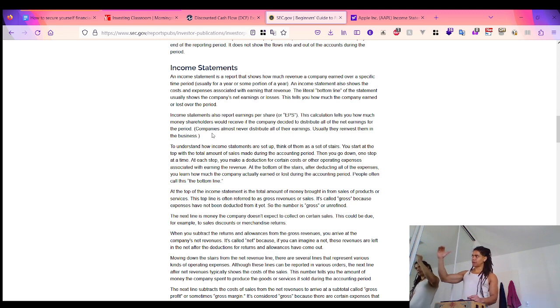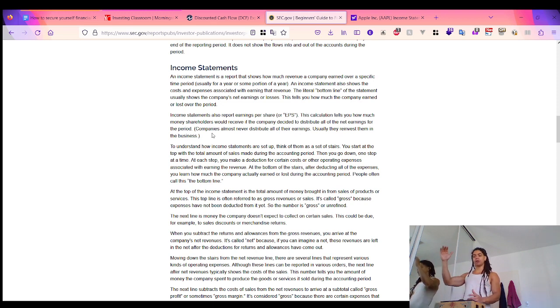At the bottom of the stairs, after deducting all of the expenses, you learn how much money a company actually earned or lost. This is called the bottom line.